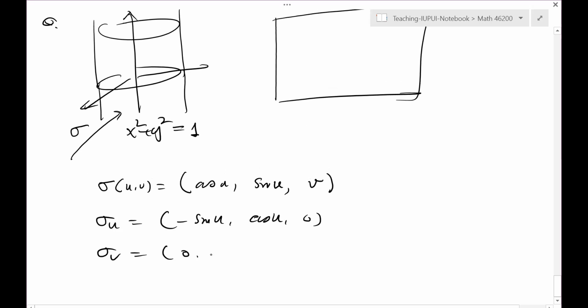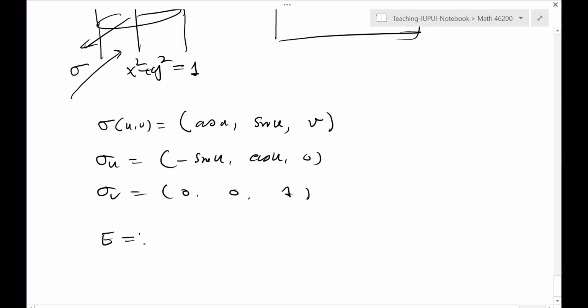Sigma V is going to be 0, 0, and 1. So now you have E equals 1, F equals 0, G equals 1, just like in the plane.